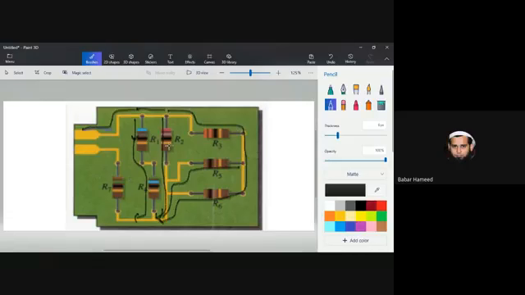Then what can I say? I am writing on the paper that the series combination of R1 and R4 is in parallel with R2, and that is in parallel with R3.